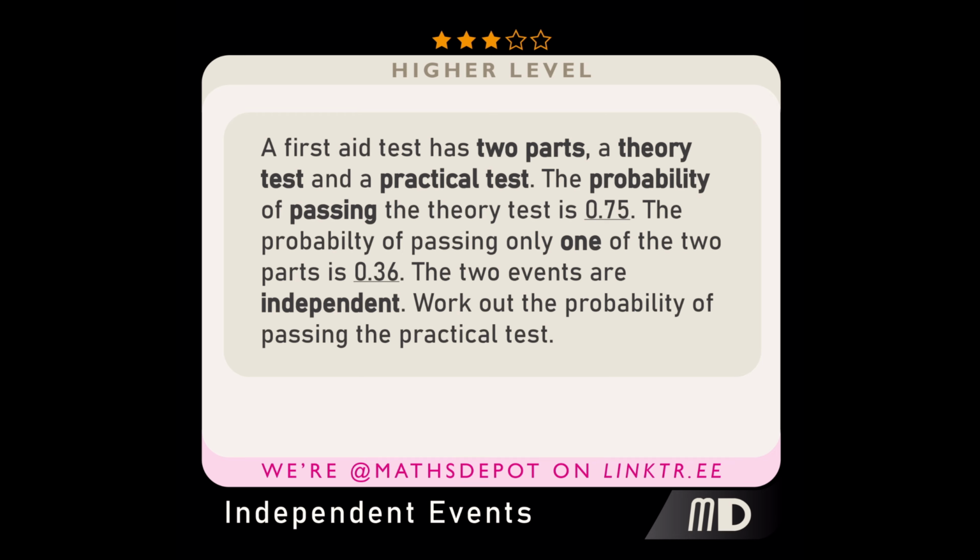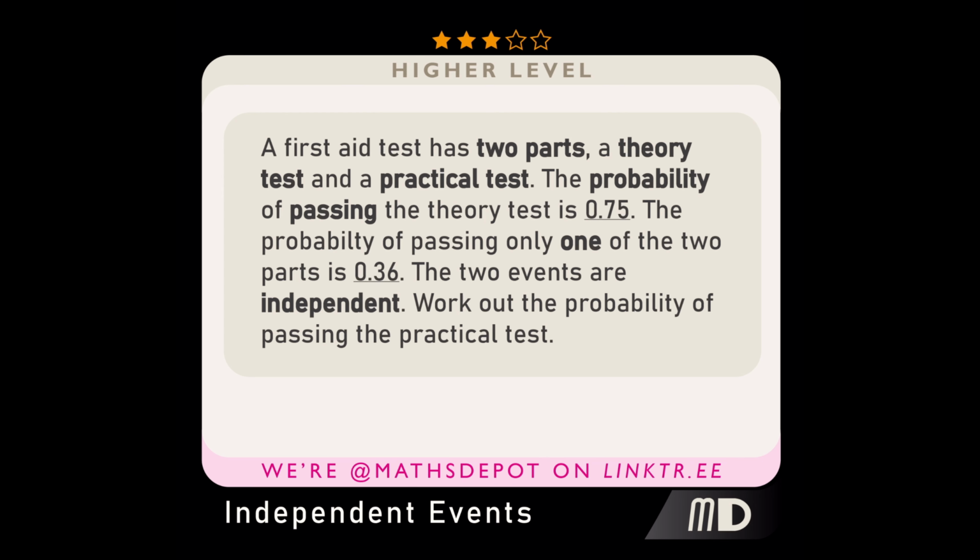We've been told that there are two parts to a first aid test, a theoretical part and a practical part, and that the probability of passing one part is independent of the other.